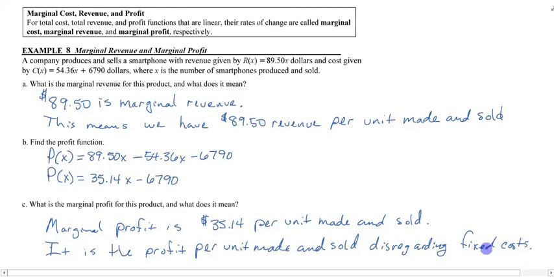So apparently you have something going on in your factory that costs you this fixed cost of $6,790 every month or whatever time period we're talking about here. That could be rent on your building, insurance for your business, wages for all of your employees, and so on. Those will not change. Those are going to be your fixed costs.